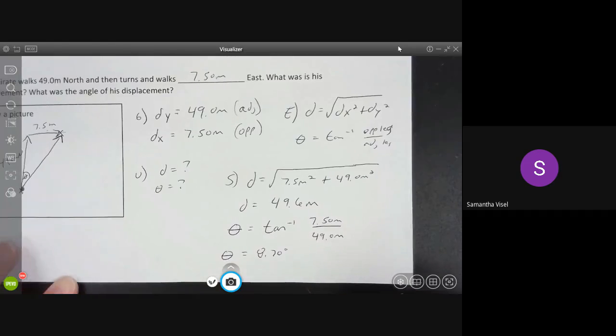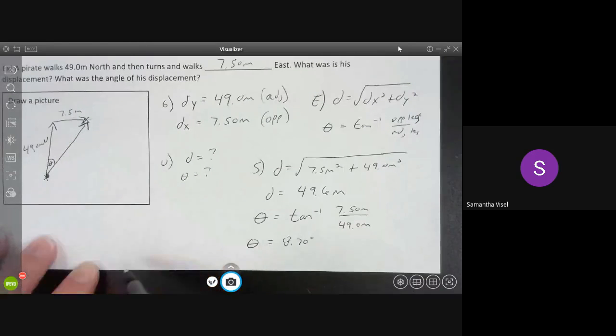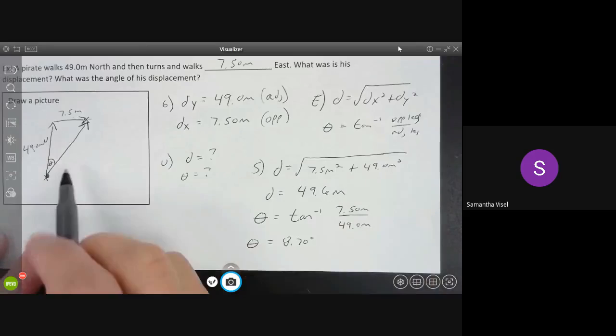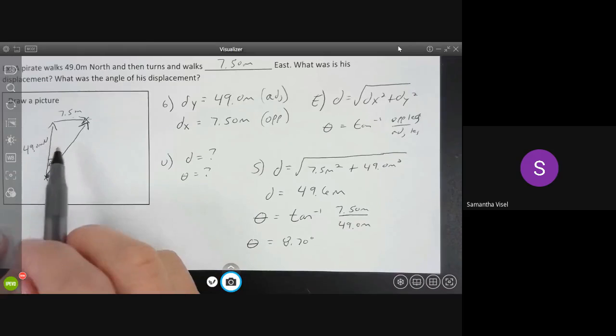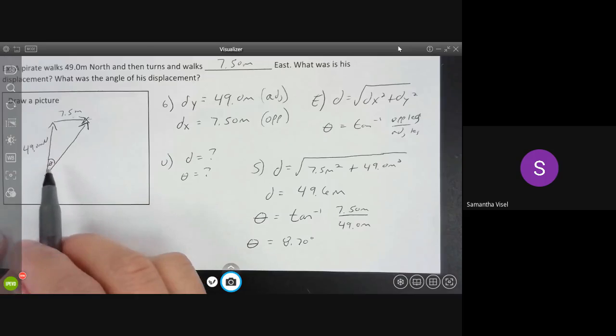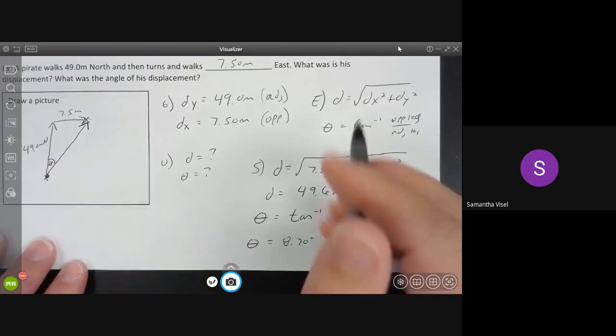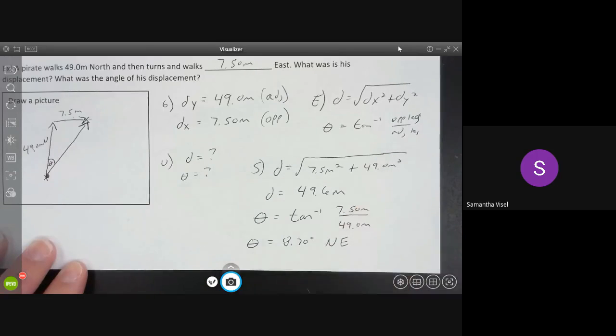And then we also want to designate in what direction. In this case, if I'm treating this as an axis here, I can say that I'm heading in the northeastward direction. You could also word this as 8.7 degrees east of north. Whatever way you feel more comfortable is fine.